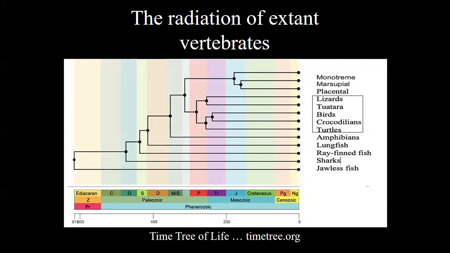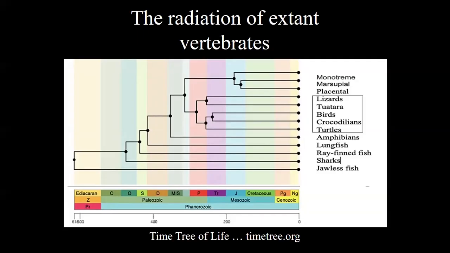Of course, all the dinosaurs are gone, but also already split off from the rest of the reptiles in the dinosaur group are the crocodilians and the turtles. And then more primitive than that, we have your lizards, and we'll talk a fair amount about lizards.